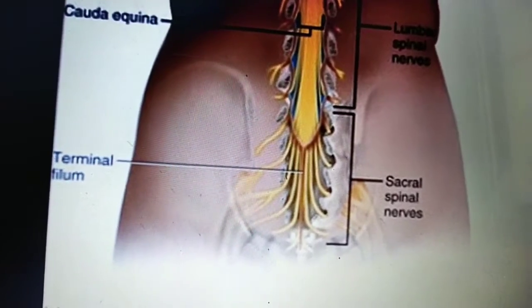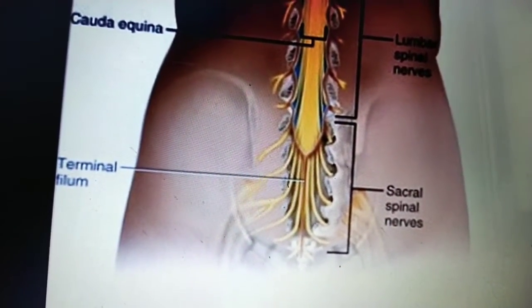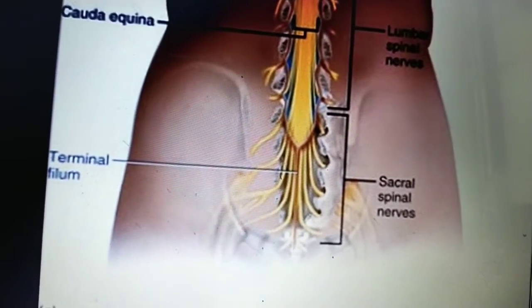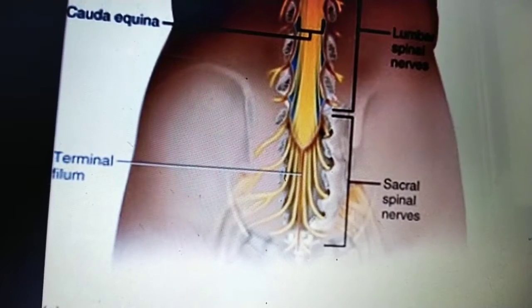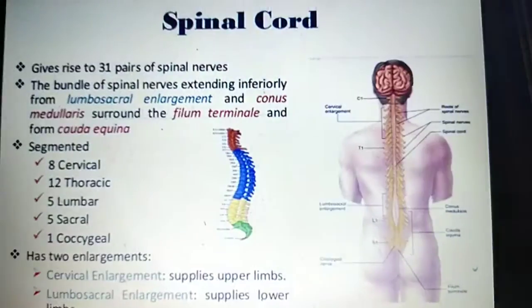It is one of the modifications of pia mater. It gives longitudinal support to the spinal cord and consists of two parts, an upper part and a lower part. Now you can go to the next slide.